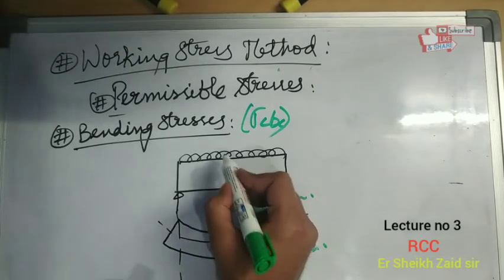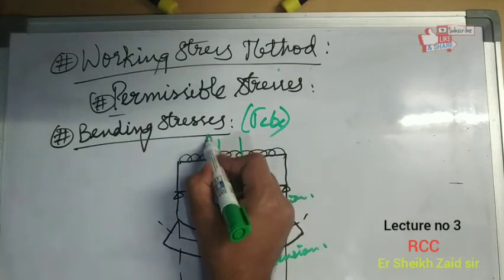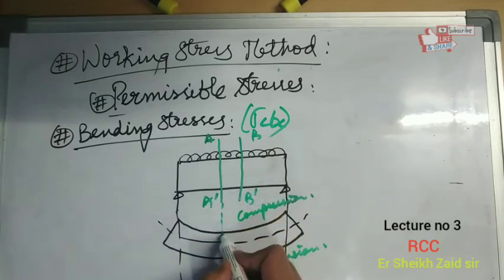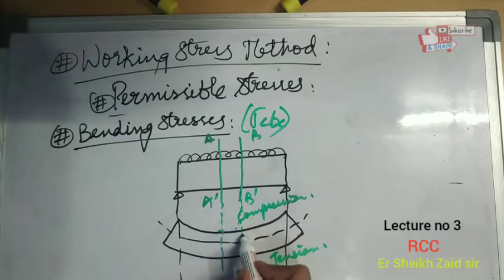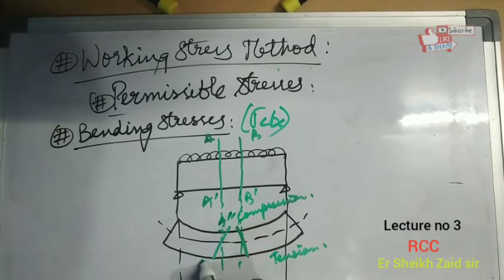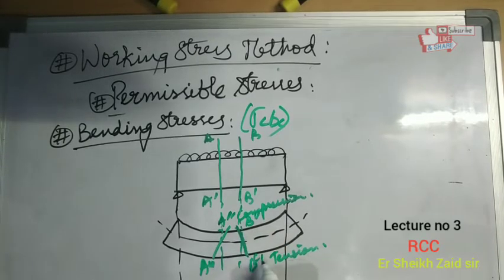If I take this section of the beam, A dash, B dash, and the corresponding section in the deformed beam, the shape will be like this: A double dash, A triple dash, B double dash, B triple dash.